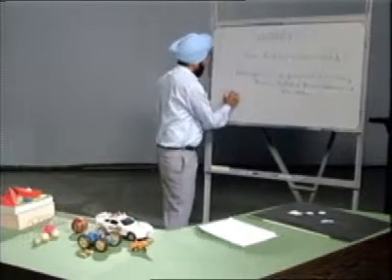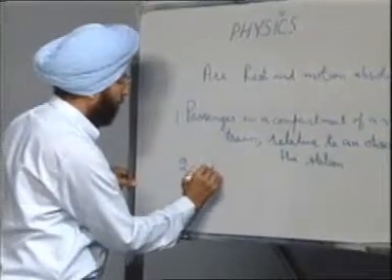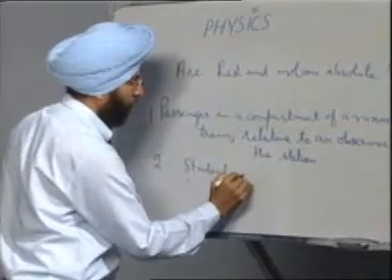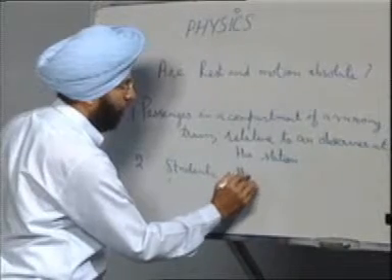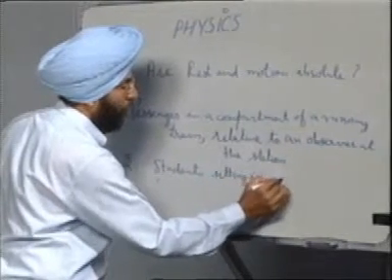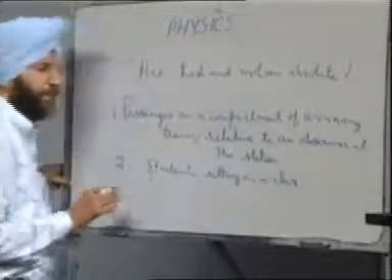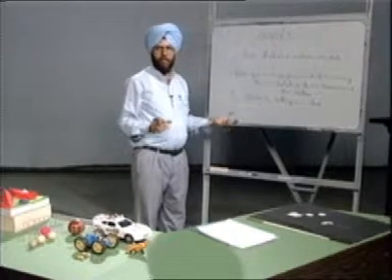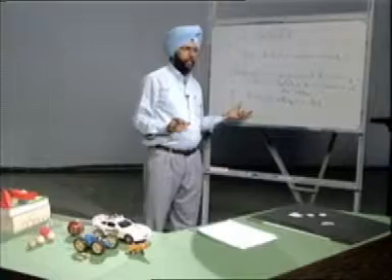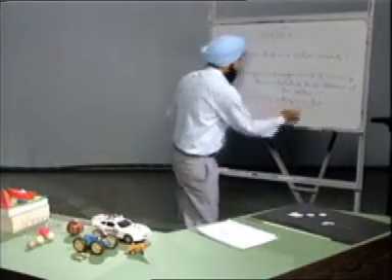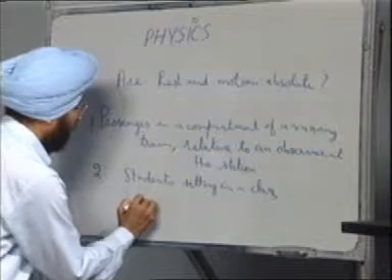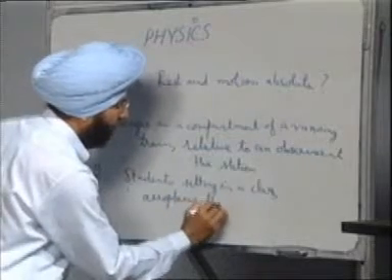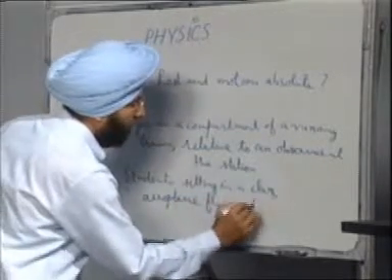Another example is, there is a class, students are sitting in the class, they are at rest relative to each other, relative to the desks in the room, relative to the board in the room. Now, there is an aeroplane flying above their class.